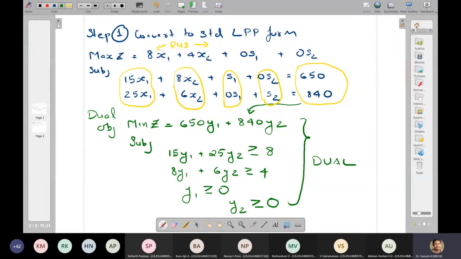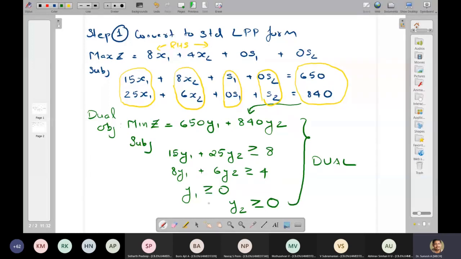The x1 coefficients of the first two constraints form my first constraint equation. This forms my second constraint equation, this the third, and this the fourth. And you can see that the decision variables automatically get the non-negative condition. In certain cases this will not happen.